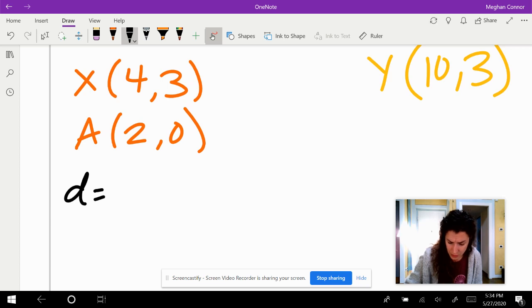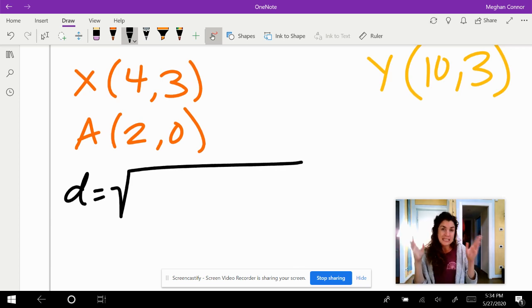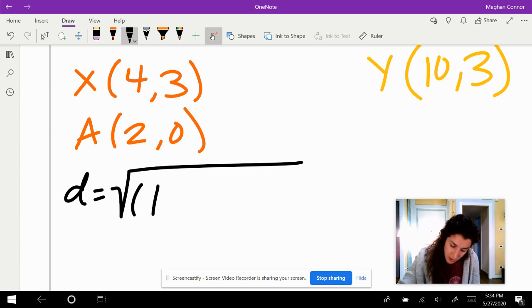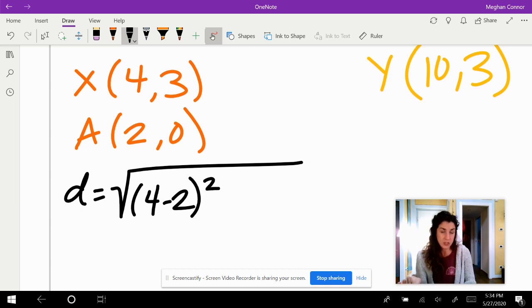It's also in your formula packet: the square root of, and remember that we're finding the distance between your X values and the distance between your Y values. Distance always means difference, so we're subtracting your X values. And it doesn't matter which order because we also are squaring them. 4 minus 2 is 2. 2 minus 4 is negative 2.